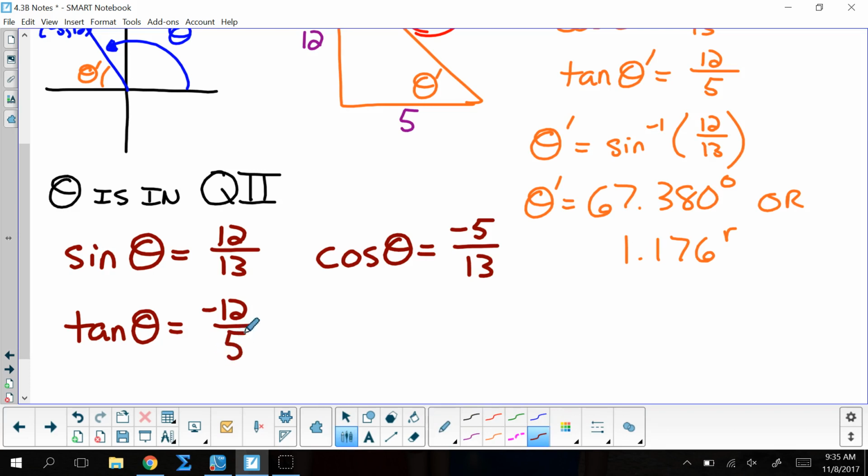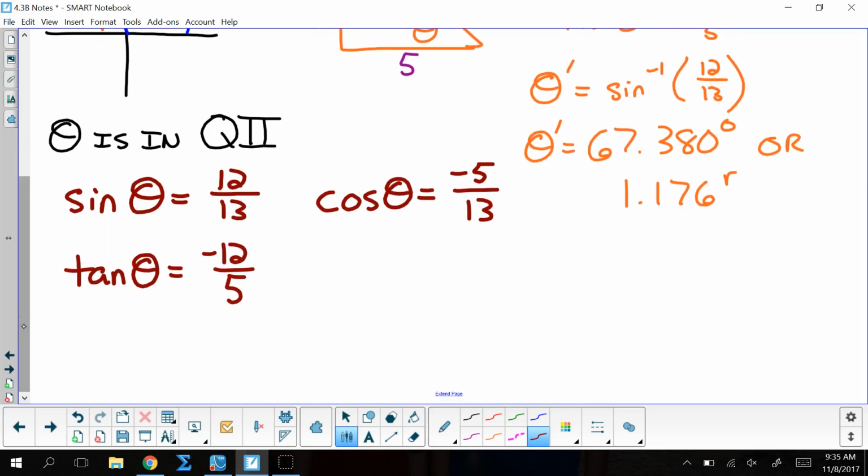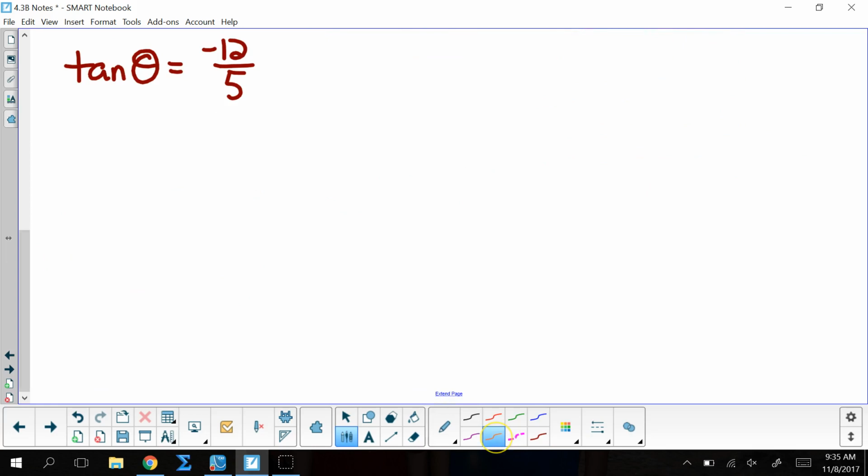Right? Now we just got to find theta. Okay? So a little side note here. Theta in quadrant 2 is 180 degrees minus my reference angle, or pi minus my reference angle.